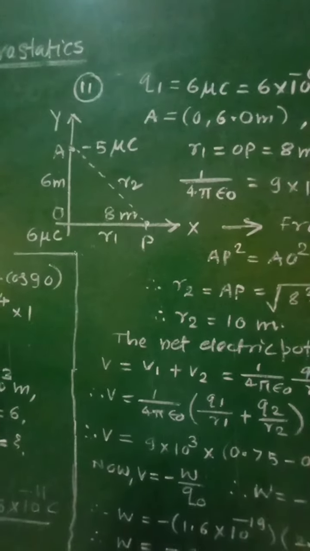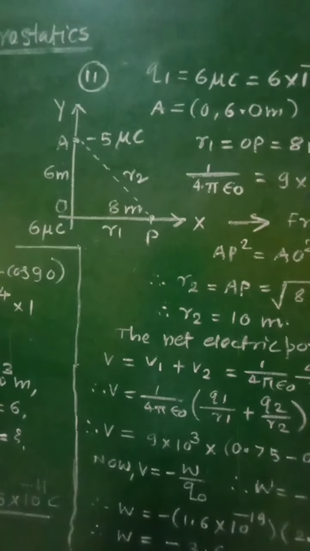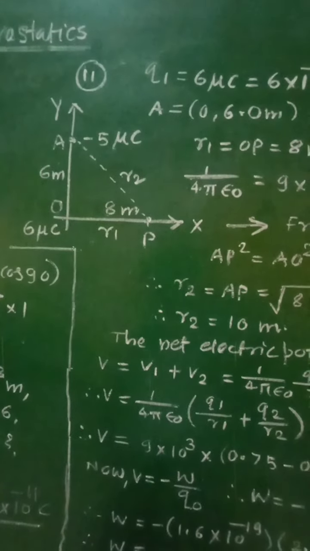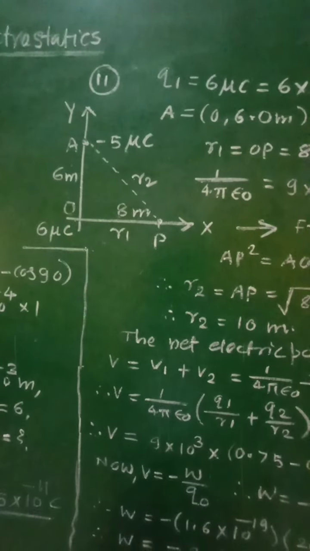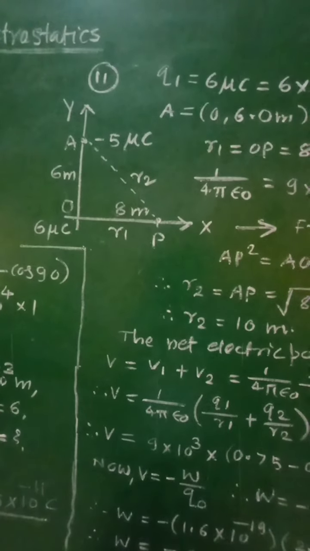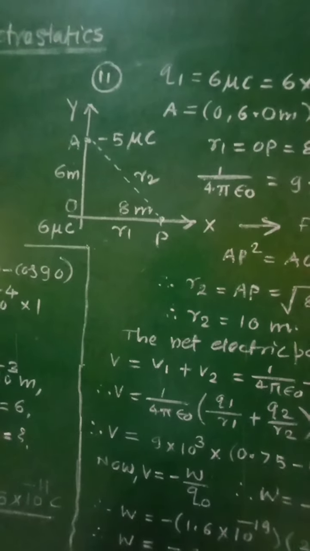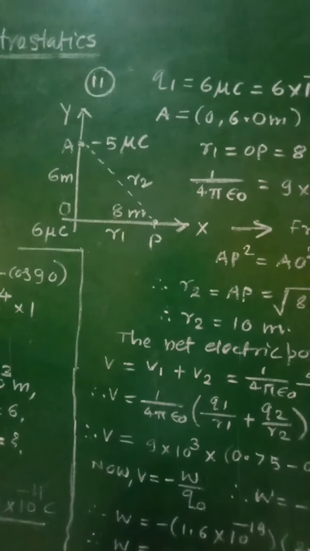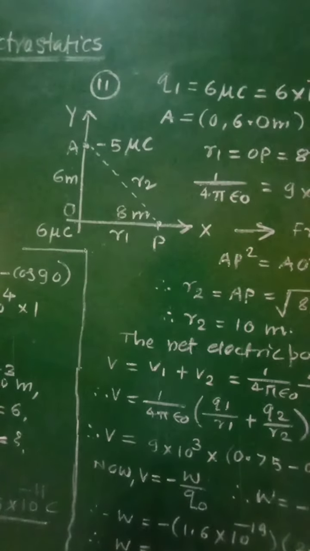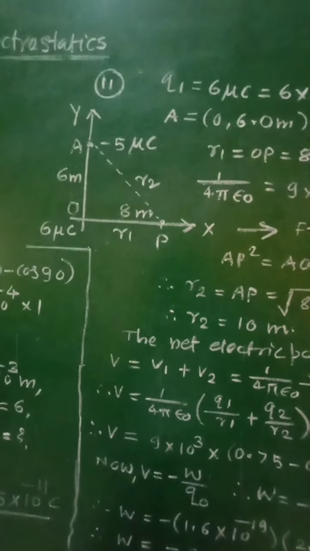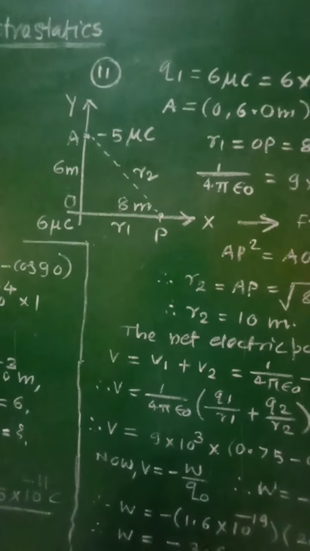We have to calculate, first, the total electric potential at the point P, whose coordinates are 8, 0 meter, and second, that is B, calculate the work done to bring a proton from infinity to the point P and what is the significance of the negative sign.